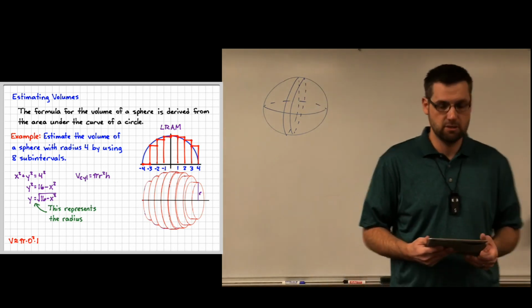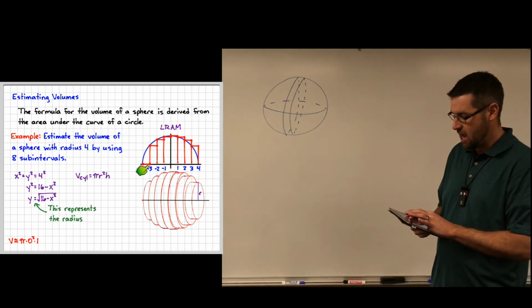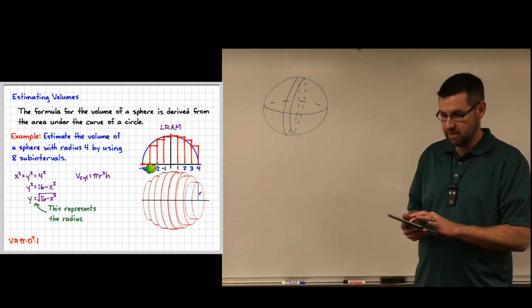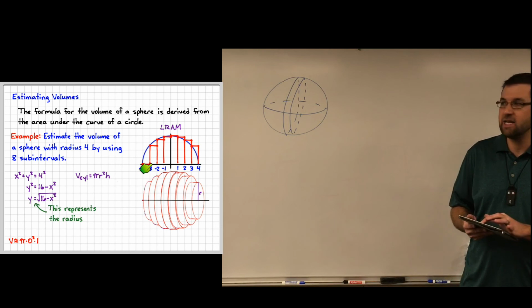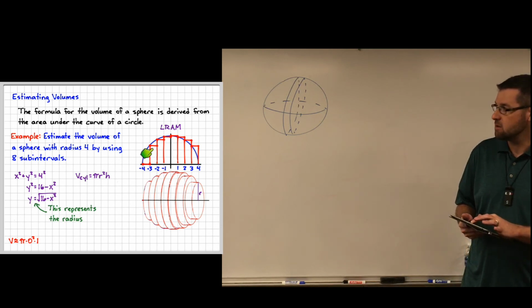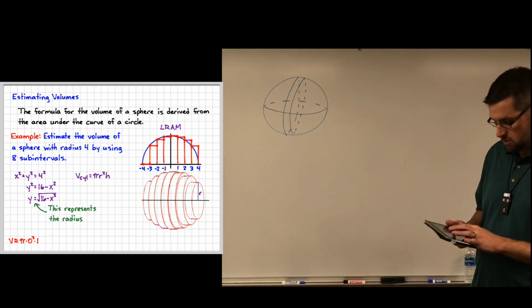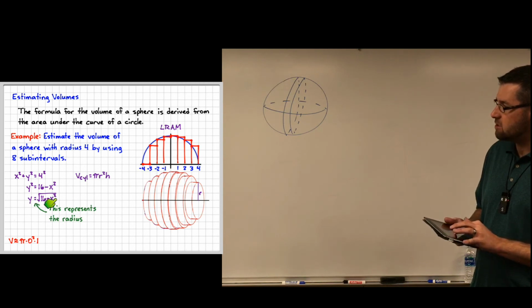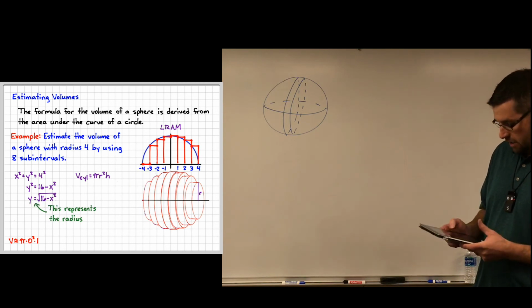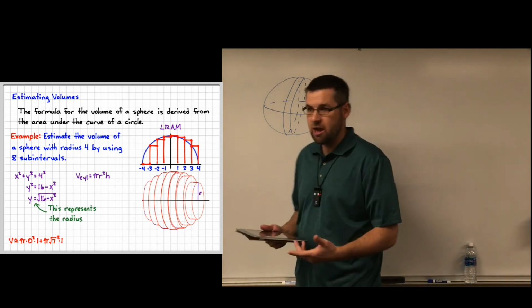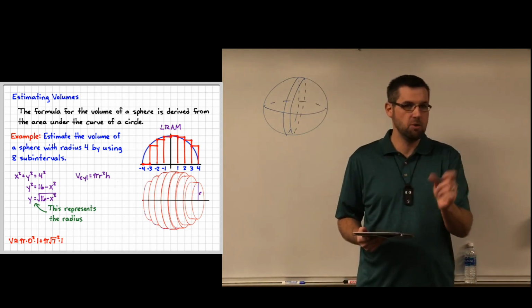What's the second cylinder? What is the height of the second cylinder? It's this, right? What is the radius? It's this guy, right? How do I figure out what that is? I plug in which value? -3 into this equation. And so you end up with root 7, right? And that's squared. And then the height would be 1.